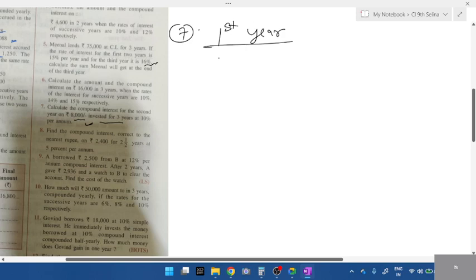Look at the seventh question for first year principal. Try this. 8,000. Time is equal to 1 year. Rate is equal to 10%. Calculate compound interest.